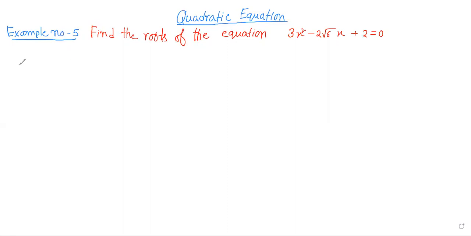So here a is equal to 3, b is equal to minus 2 root over 6, and c equal to 2.